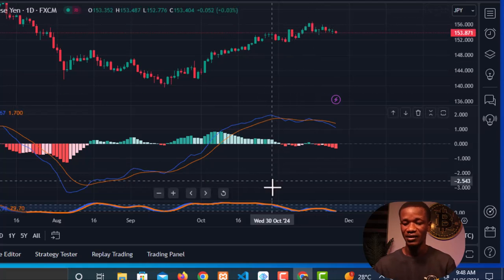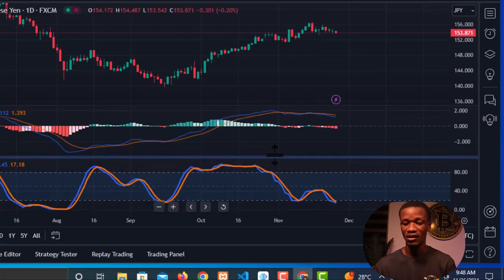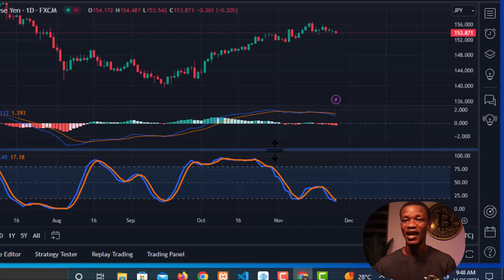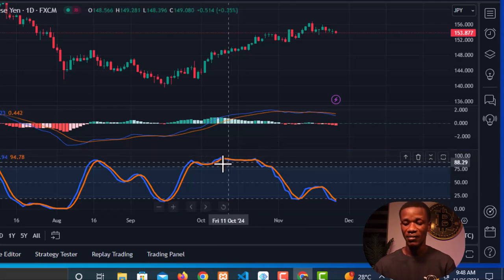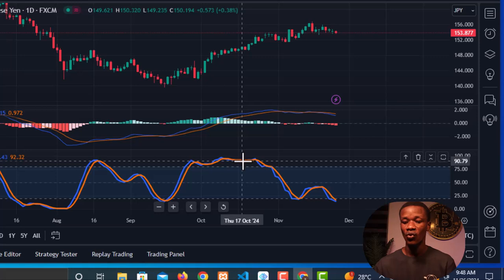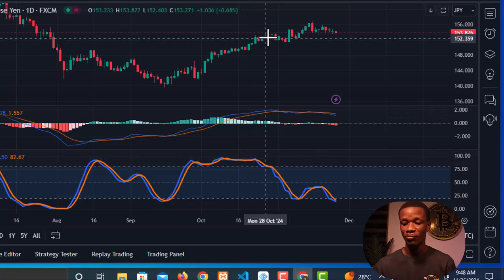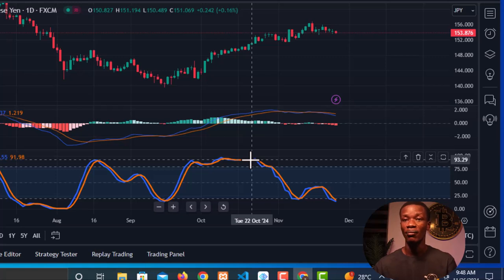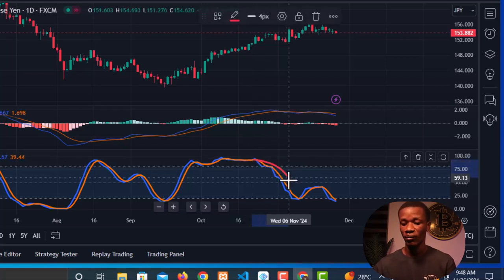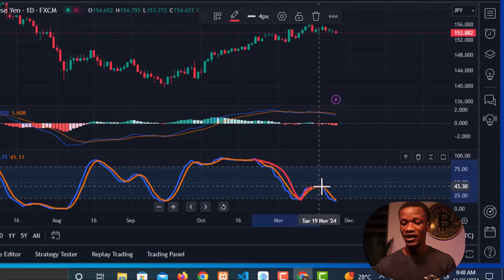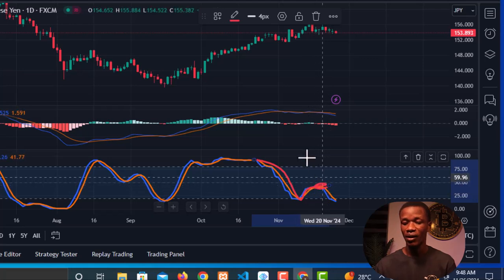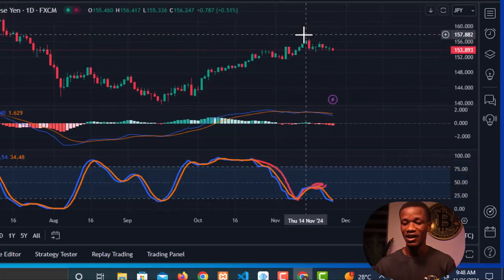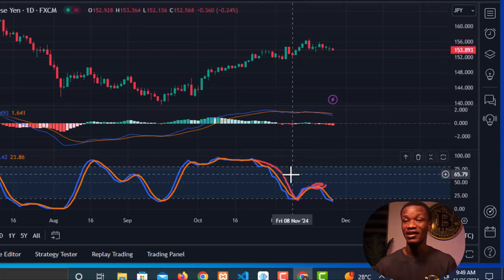And if you look at the stochastic RSI indicator, you discover that the market created a new high at this very point, and then on the indicator, it entered into overbought condition and then came out of overbought condition, could not enter into overbought again at this area, but the market still created a new high at this point. So you can say this is a divergence, which is very, very important.